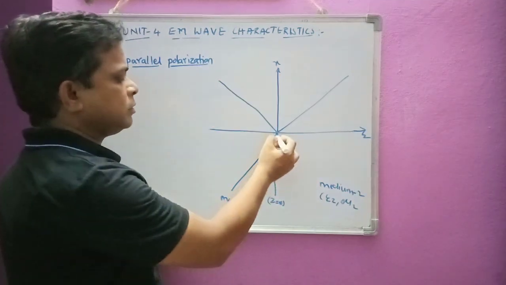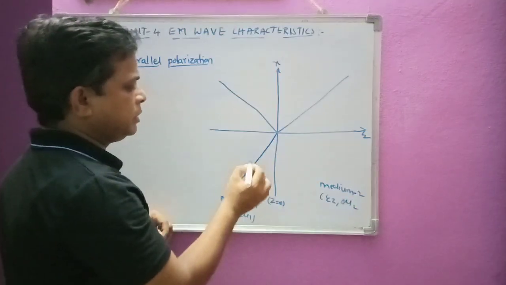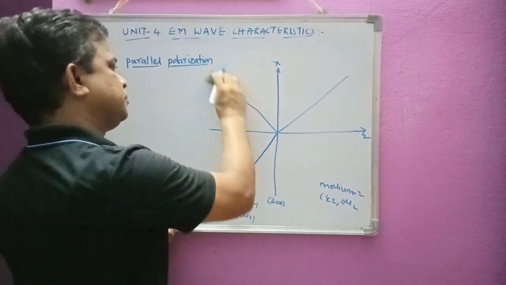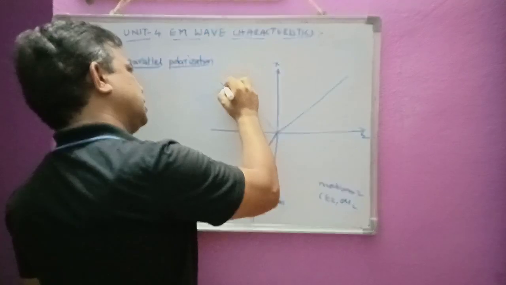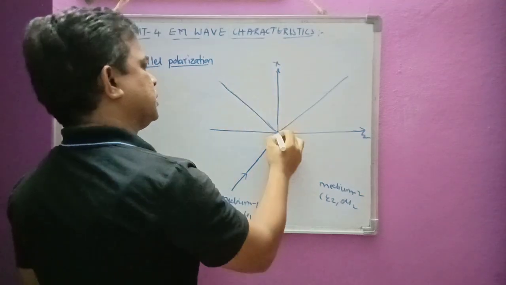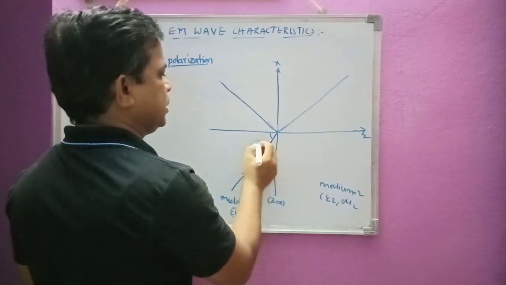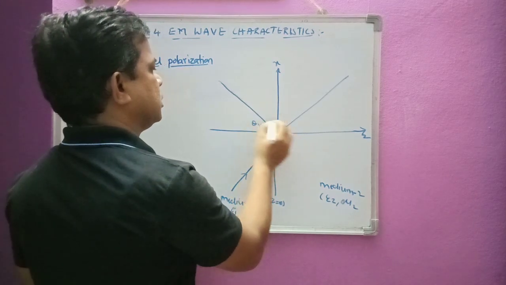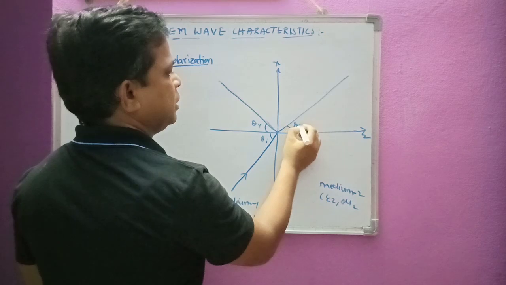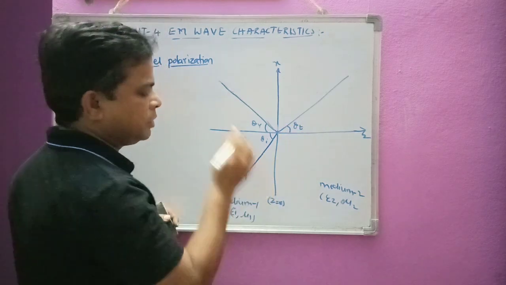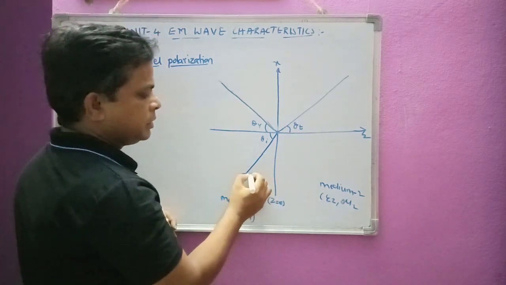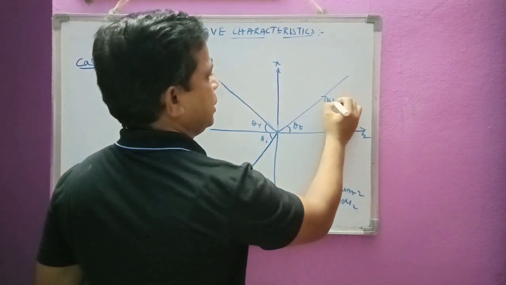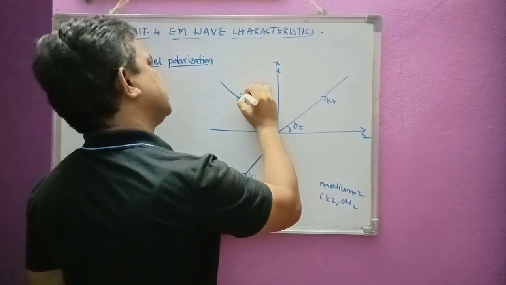Now here we are taking the incident wave. Let me draw it clearly. The incident wave is making an angle theta I, this is making theta R, and it is making theta T. Here we are having the propagation vector Ki, along this one we are having Kt, and along this one we are having Kr.